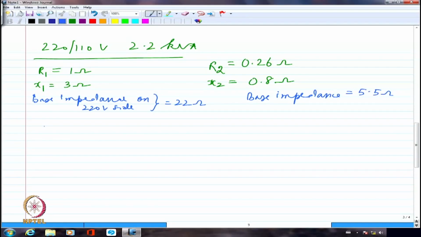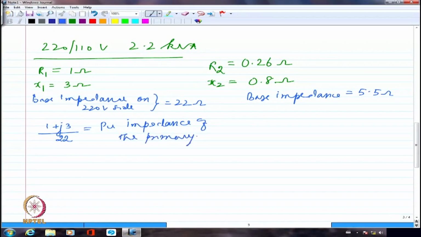This is the per unit impedance of the primary. And here I am going to have 0.26 plus j0.8 divided by 5.5 is going to be the per unit impedance of secondary.